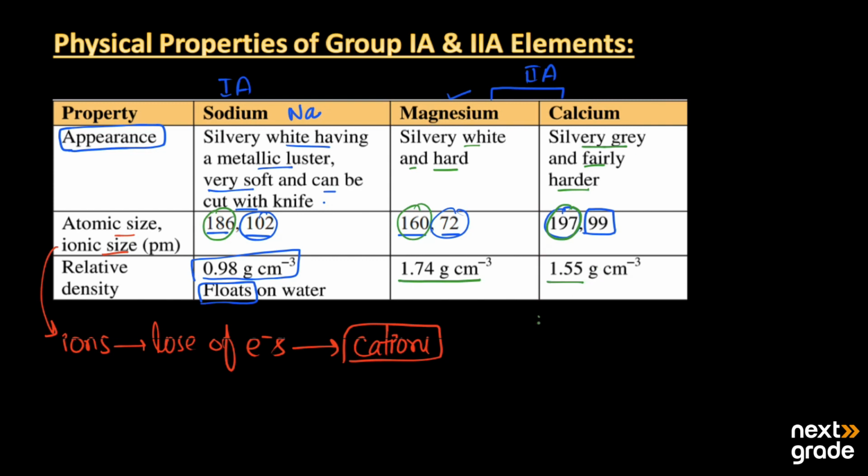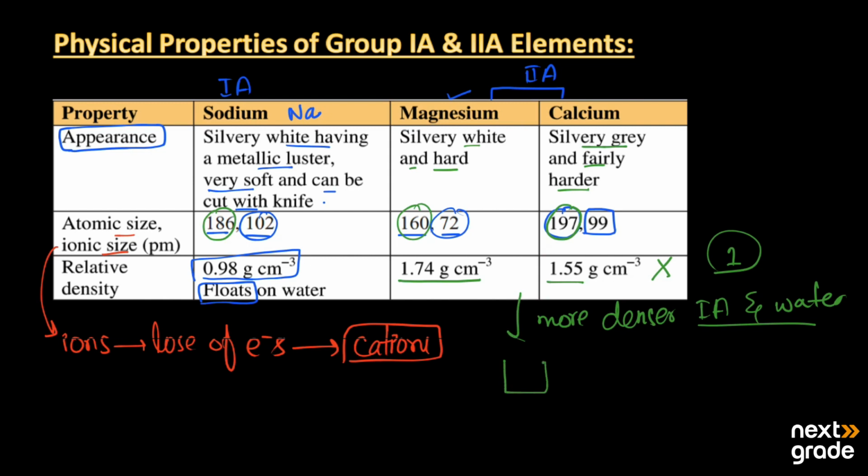It means they are denser as compared to the group 1A elements, as well as compared to water, because the density of water is almost 1 gram per centimeter cube. So they will not float over the surface of the water. In turn, they will settle at the bottom of the beaker when placed in water.